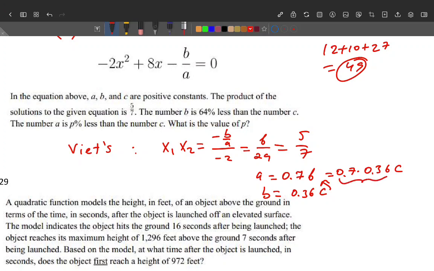Okay, if I calculate this, I took the number, and I can write the last expression in this form. You can check it. It means the number a is 74.8% less than number c. The value p is this.